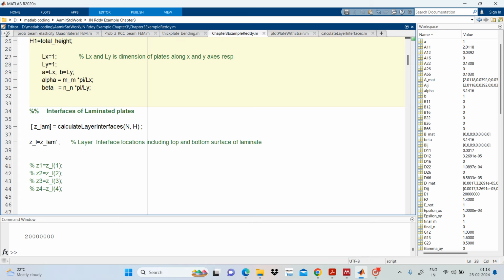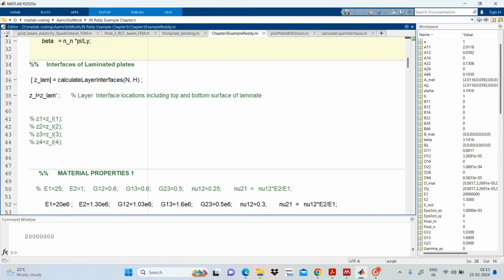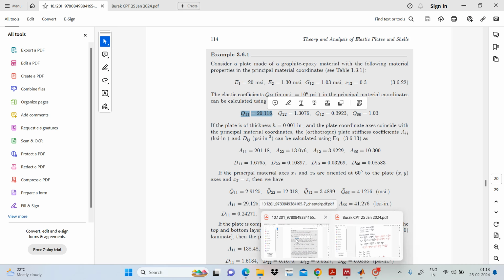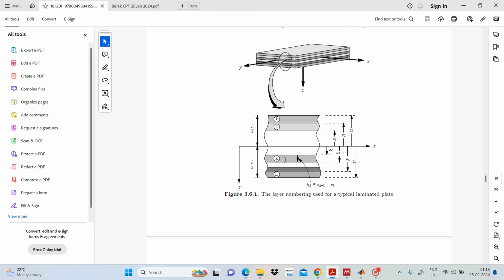Further, we have the interfaces of the laminated plates. So what are the various interfaces of the laminated plates? How will we get them? Right now we have seen here, just above that, these are the interfaces at this position. These are the interfaces. Similarly, these are the interfaces.